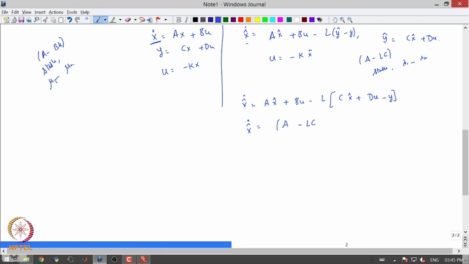Now, what is u, right? u is equal to minus k x hat, so I can write this as minus B times k, right, x hat. And then what is y? y is C x plus du. I plug this here and I will have another term plus L d k x hat.